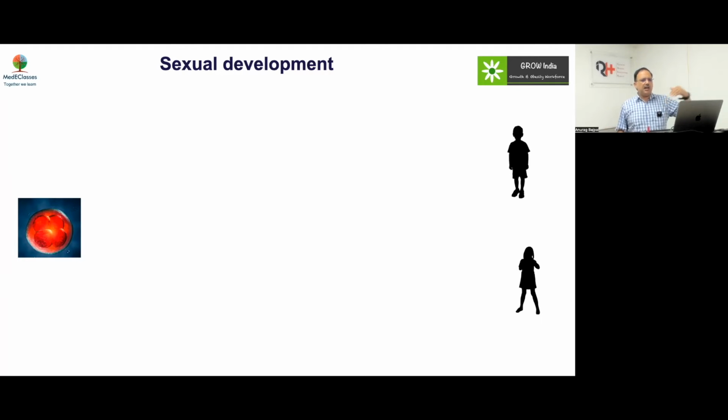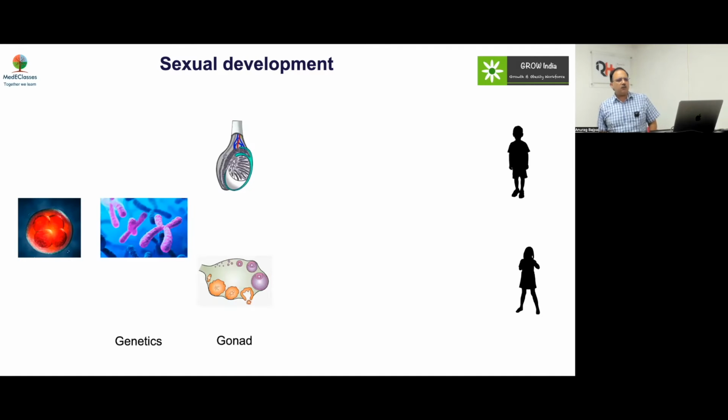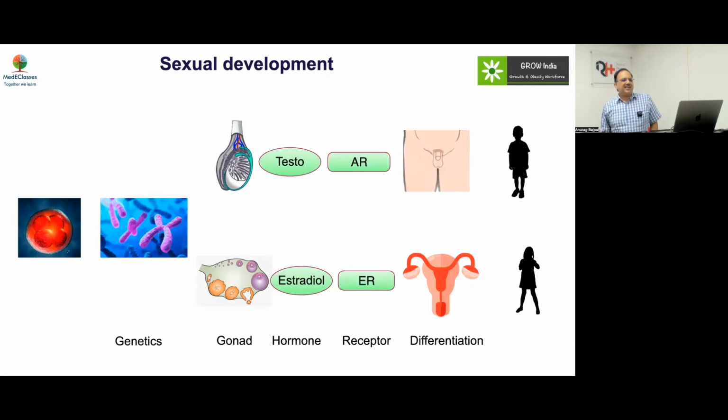So there are multiple levels of control, and you can have abnormality at any level, which can cause these problems. This involves a combination of genetics, gonadal differentiation and gonadal development, development of hormones, their receptors, and finally the external development, which will result in the phenotype and the gender identity.